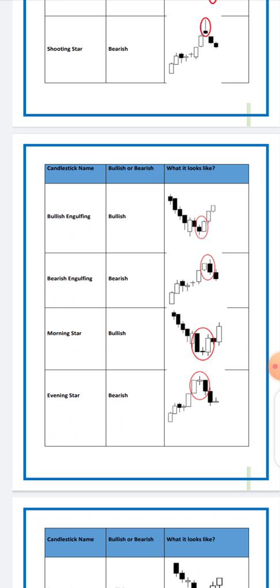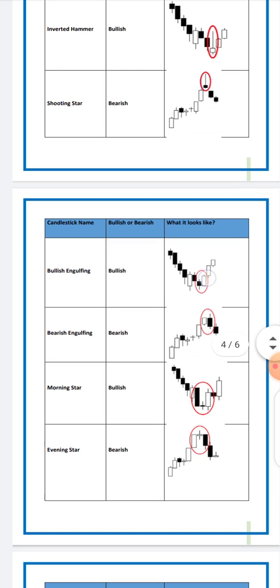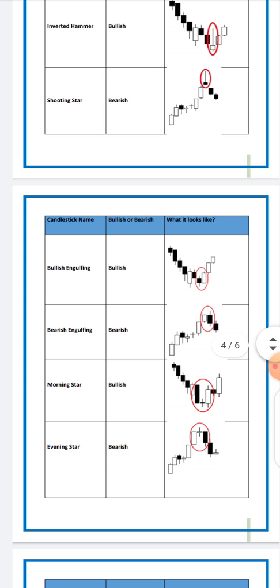So the next one is bullish engulfing. Bullish engulfing is also a bullish candlestick pattern. It's going to be one bullish candlestick at the end of a downtrend, whereby the small red candlestick must be contained within the white candlestick, the green candlestick. When I say white, I'm talking about the green candle; when I say black, I'm talking about the red candle.